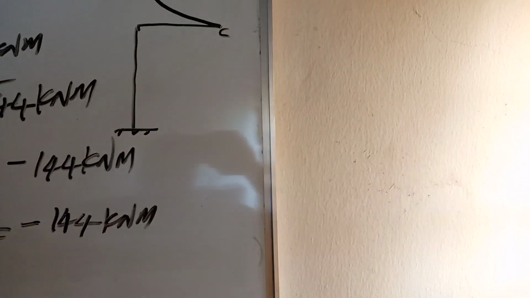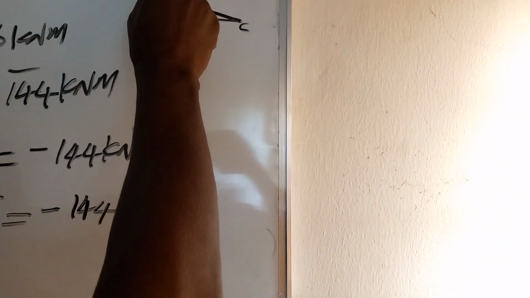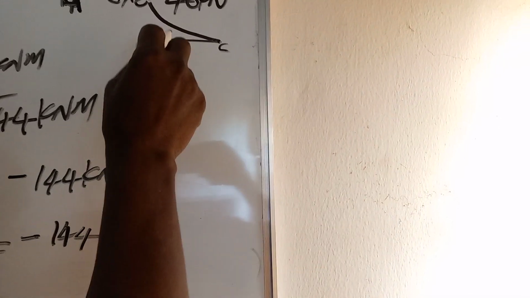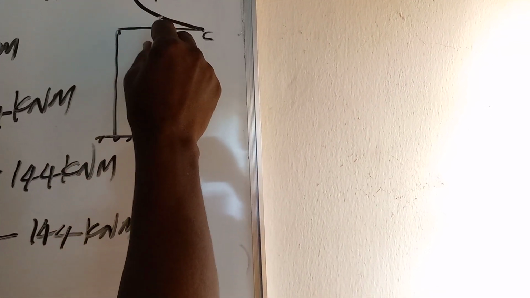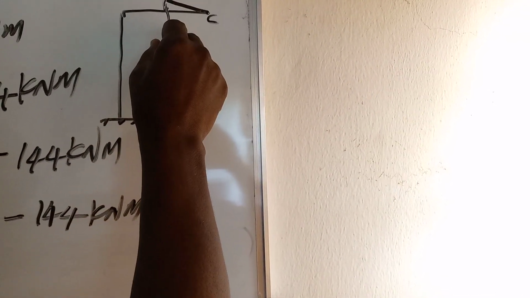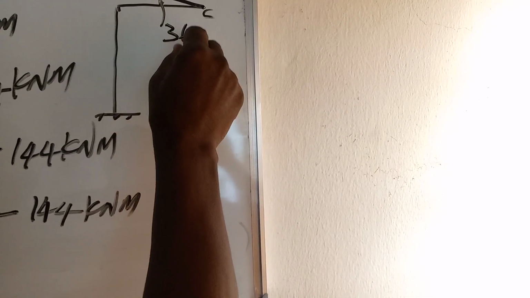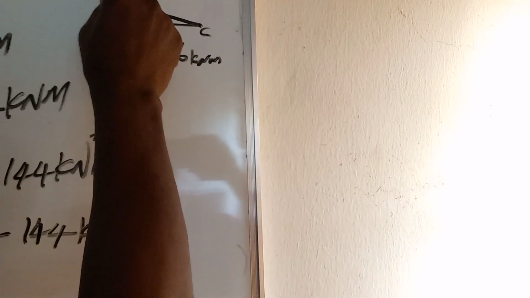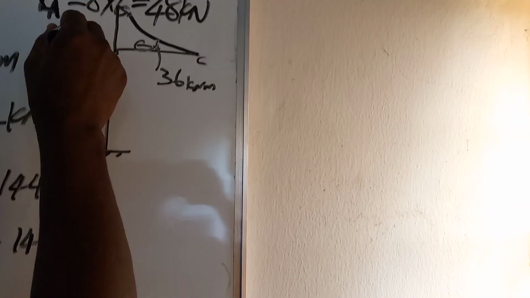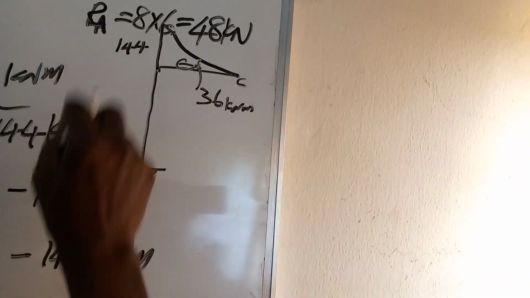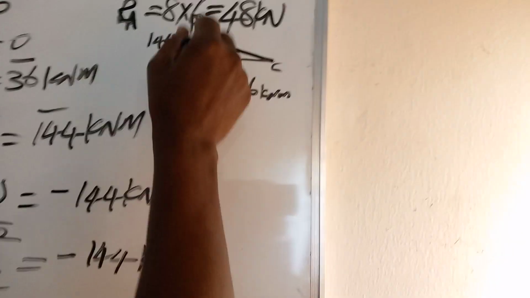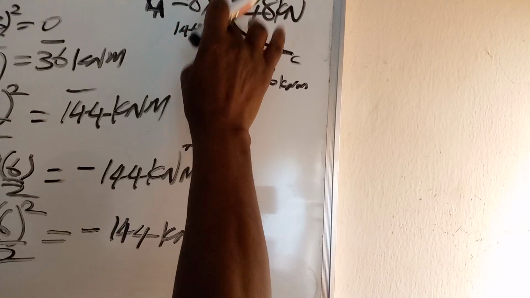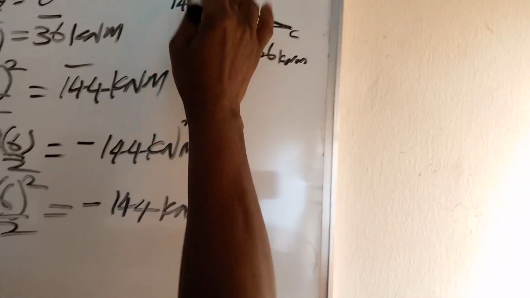That's why it starts and increases to E. At E it is 36 kilonewton meter, that is minus. At B it is 144 kilonewton meter, that's minus.